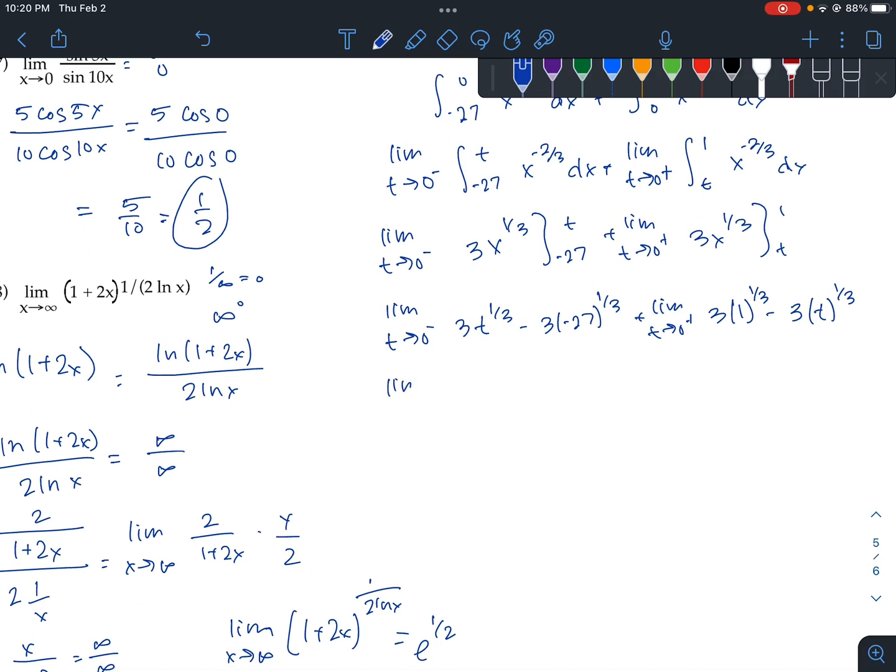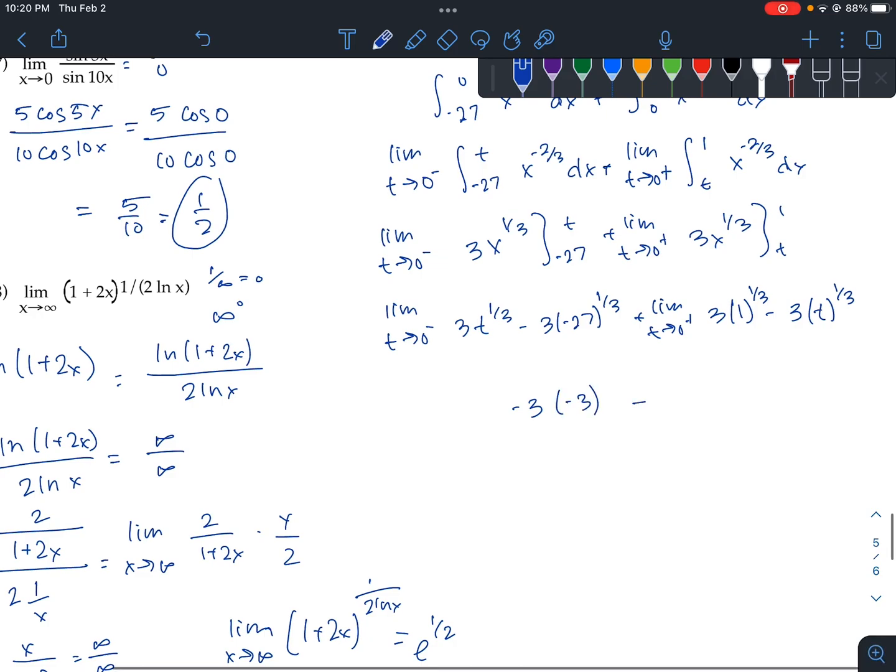So then I get the limit as t approaches 0, we can just go ahead and plug in 0, honestly. So if I plug in 0 here, that's going to go. Plug in 0 here, that's going to go. So I'm just going to get negative 3, and the cube root of negative 27 is negative 3. And then I'll have minus, or no, just plus 3, because 1 to the 1/3 is 3. Again, that's gone. So then I get 9 plus 3, which is equal to 12.